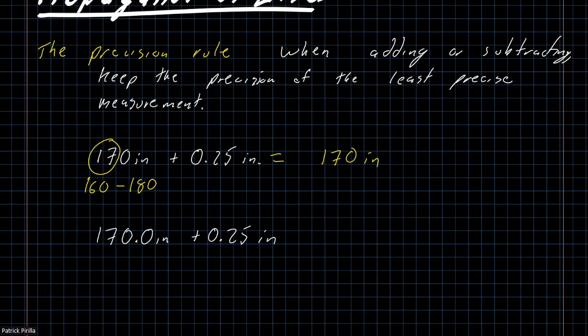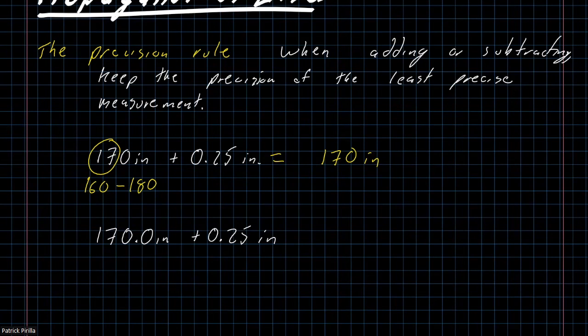Getting a little bit more careful here, 170.0 inches plus 0.25 inches. Now, my 170-inch measurement, the length of a wall, I have very carefully measured to the nearest tenth of an inch.